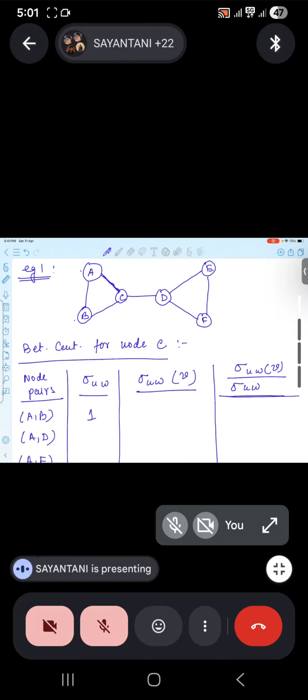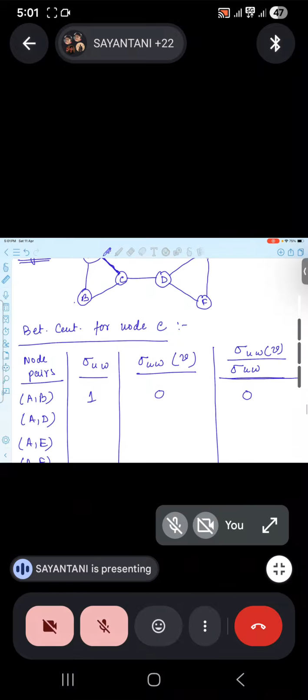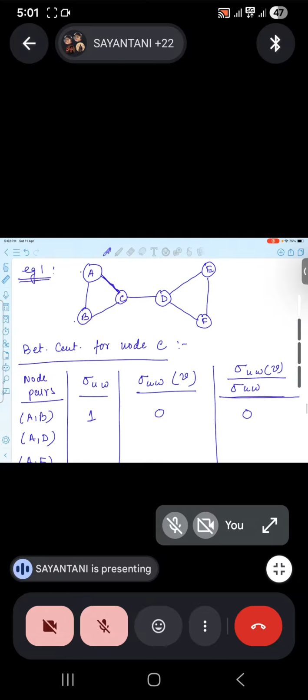No, right. So this value would be 0, and ultimately the ratio will be 0. Now coming to A and D, do we have a shortest path? Yes, only one. And does it pass through C? Yes, it passes through C and hence the ratio will be 1.